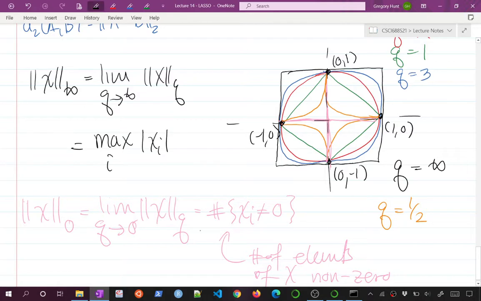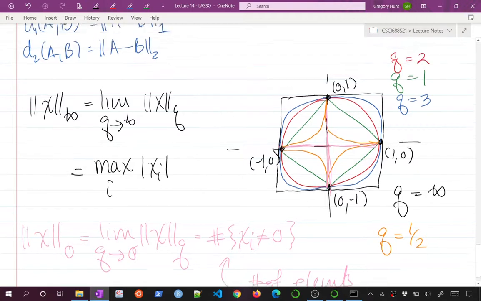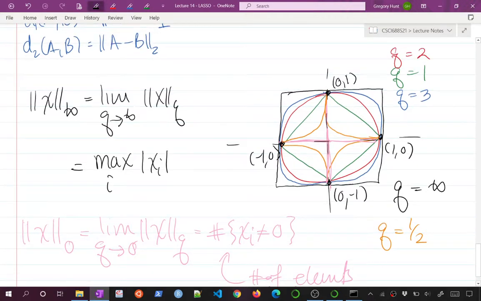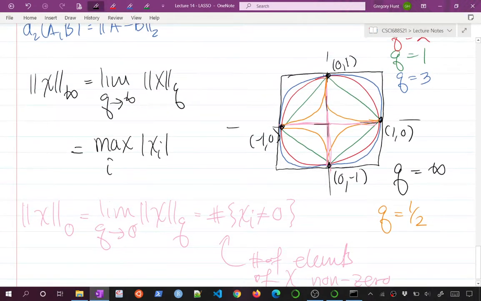So this pink set here is the set of things where the 0 norm, which is the number of non-zero elements, is 1. Well, it's going to be the 4 coordinates here. And so it's this really degenerate case.